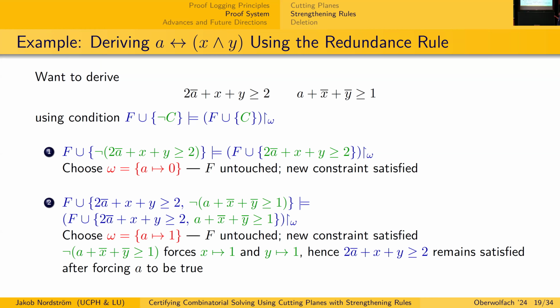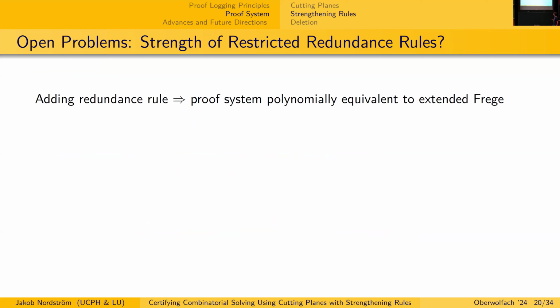You're saying, well, what if one of x and y is false? Well, then it's okay because a will also take the value false. And this is what this witness says, that you know this is okay because you could always set a to false. You know that this is okay because you could always set a to true. So the actual mechanics of the rule match pretty closely our intuitive understanding.